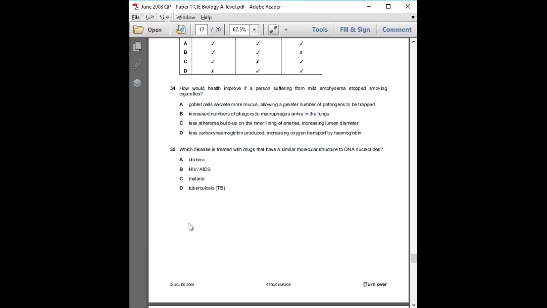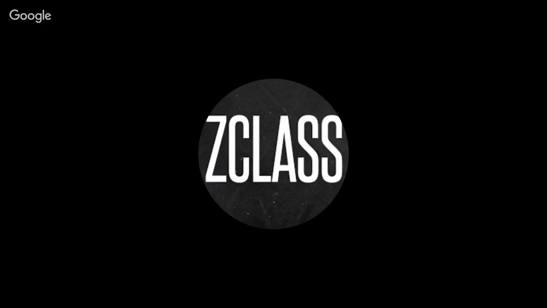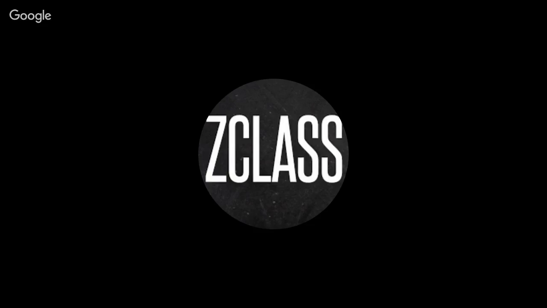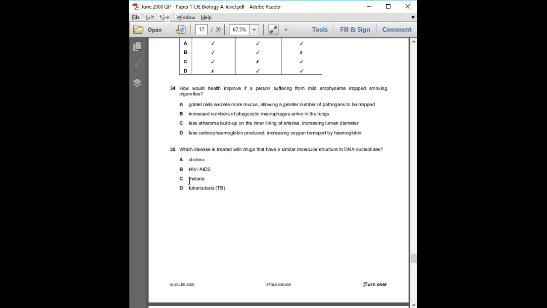That's fine. So I think the key here is kind of working out by elimination. So as you say, cholera is treated with rehydration therapy. So that's not in. Malaria and tuberculosis are both in. So HIV, malaria, and tuberculosis are all caused by pathogens.